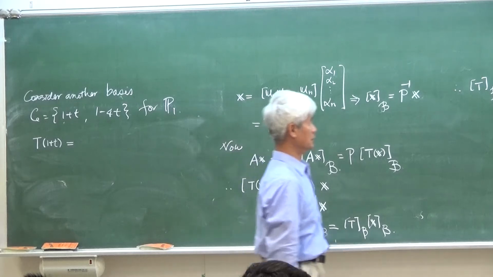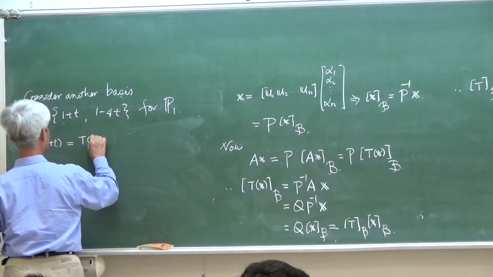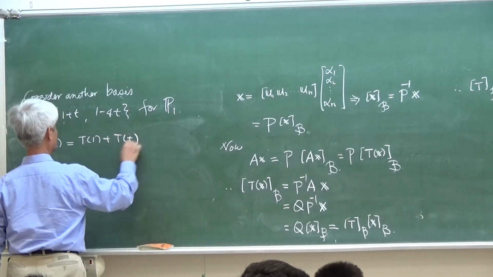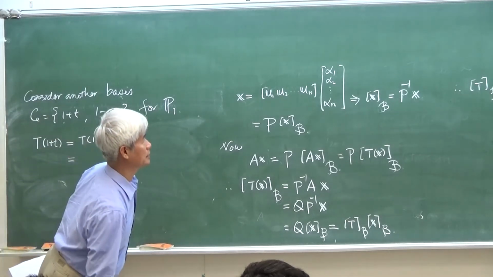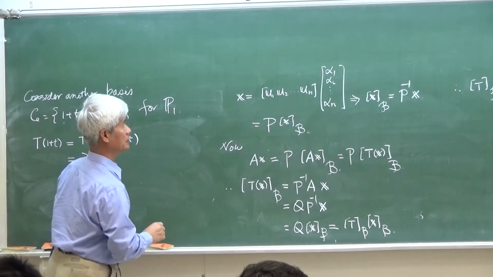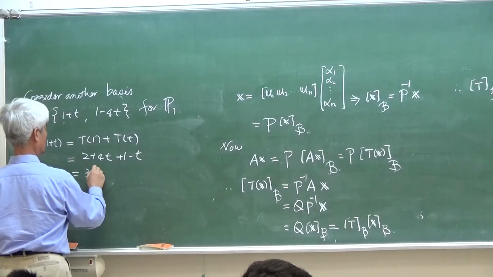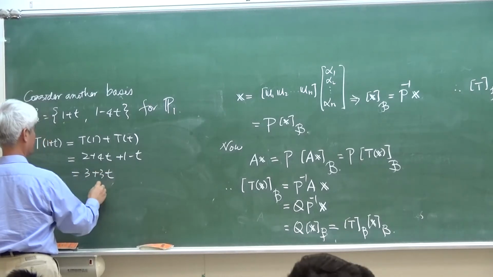This one. I have to use T of 1 plus t. So it's 2 plus 4t plus 1 minus t. So this is 3 plus 3t.